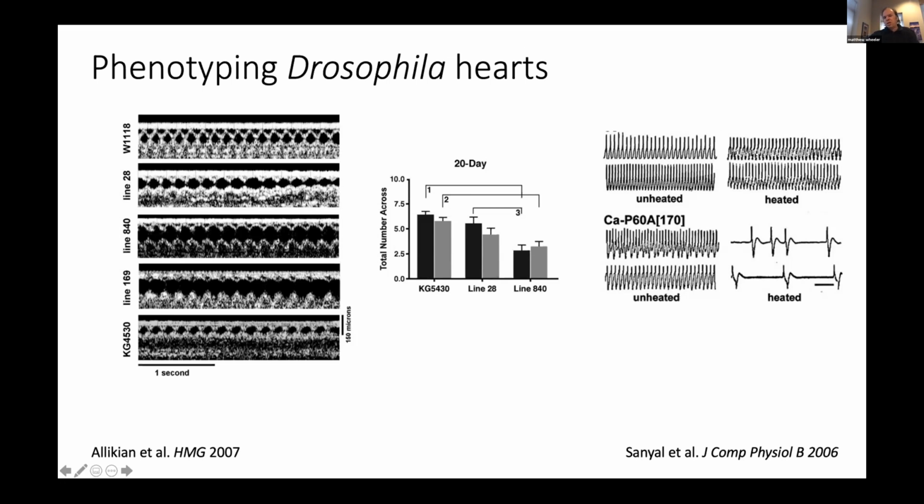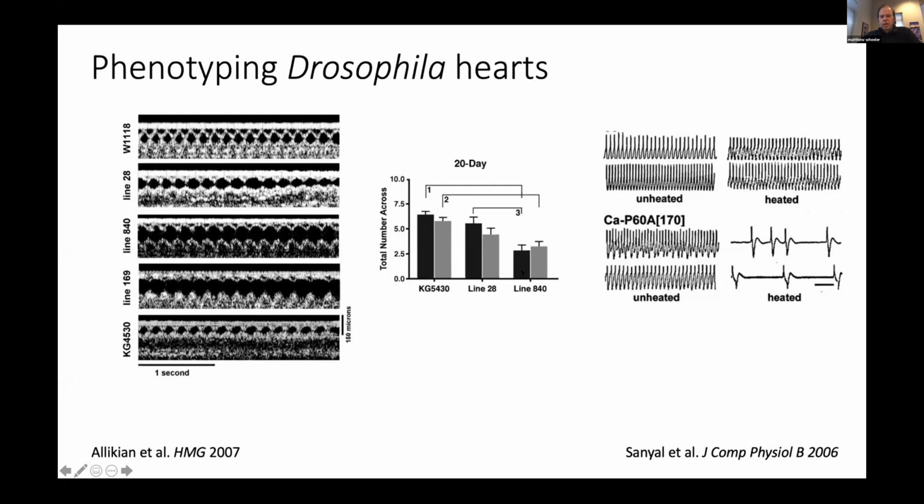a heat-inducible mutation in a sarcoplasmic reticulum channel gene, showing that you could also see arrhythmic phenotypes. And so many investigators are now using Drosophila to model single variants and can also look across the vast spectrum of existing fly models for evidence of cardiac defects.